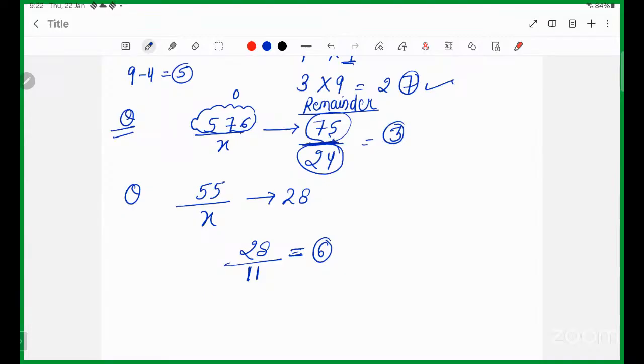I will just divide the remainder of this and I will get the answer. Same was the next question. 55 is divided by any number x and it leaves the remainder 28. What will be the remainder if the same number is divided by 11? So I will divide the remainder of that number and will get the answer.